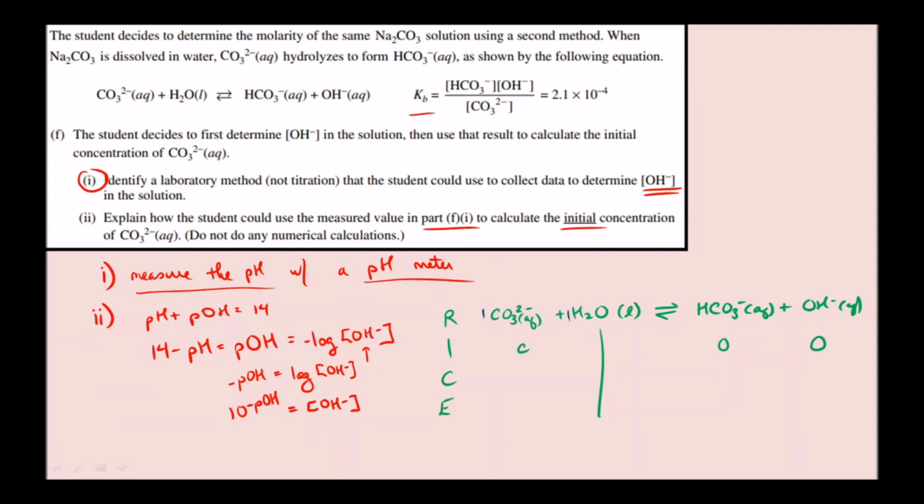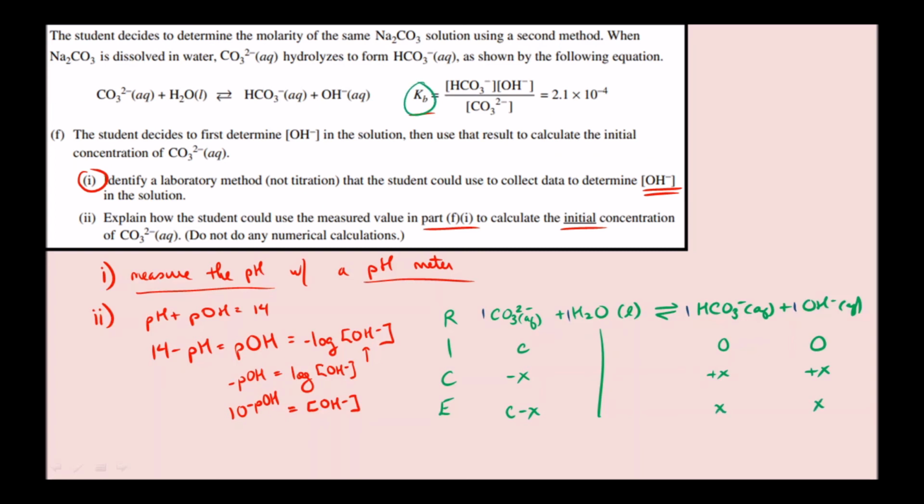Here the coefficients for everything are 1. So we subtract X from the reactant and add X for both the products. So at equilibrium, we go from initial minus X for carbonate, so that's C minus X. For bicarbonate, 0 plus X, and for hydroxide, 0 plus X.